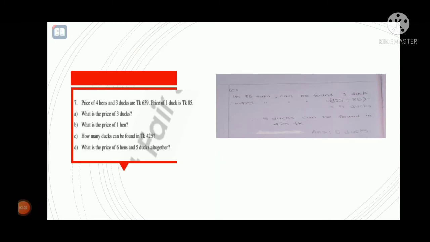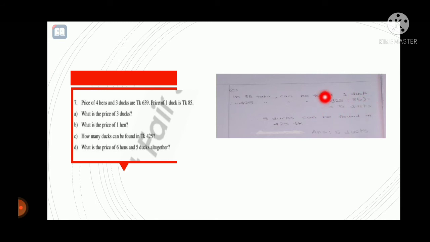Then come number 7C, which is how many ducks can be found in 425 taka. So in 85 taka we can get 1 duck. That means we can write in 85 taka can be found 1 duck. Then in 425 taka can be found 425 divided by 85.